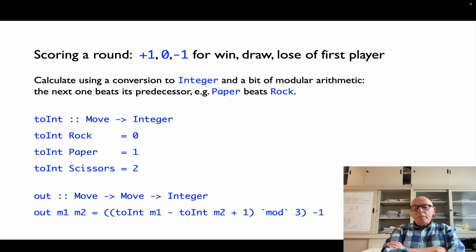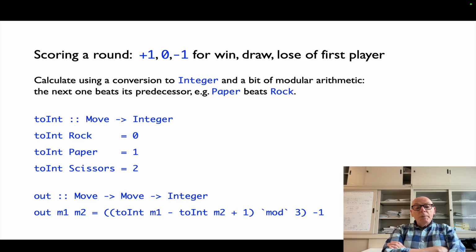So we need to normalize them to the range +1, 0 and -1. And the way we do that is we add 1 to the difference, take the modulus and then subtract 1 again. Otherwise the modulus will give us a value between 0, 1 and 2, because it's modulo 3.